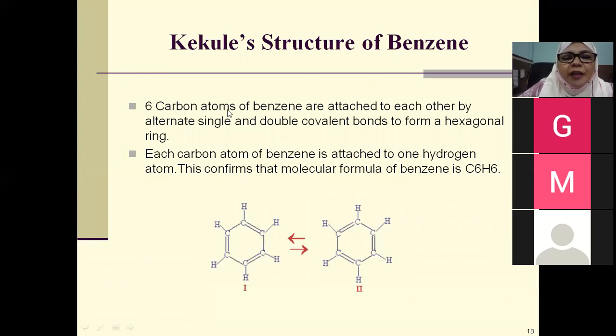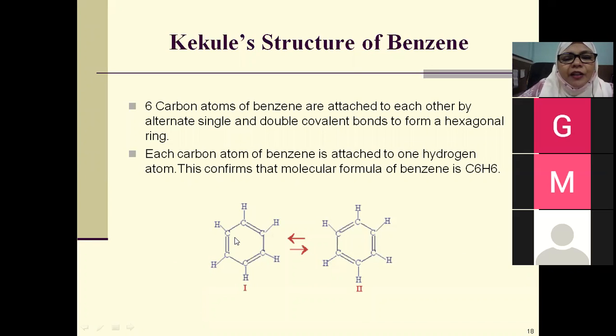Here 6 carbon atoms of the benzene ring are attached to each other by alternate single and double covalent bonds to form a hexagonal ring. तो यहाँ पे जो बेंजीन रिंग है ये कैसे अरेंज है? They are arranged together with one another with the help of single and double covalent bonds in alternate way.